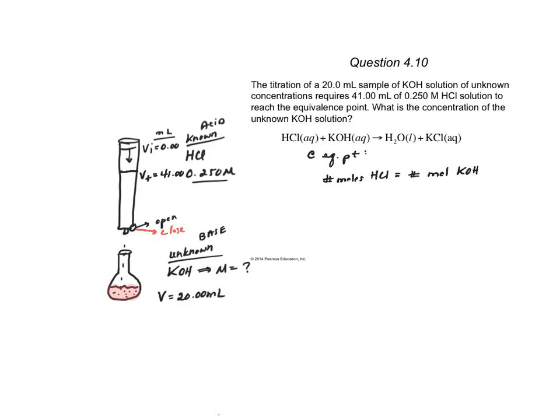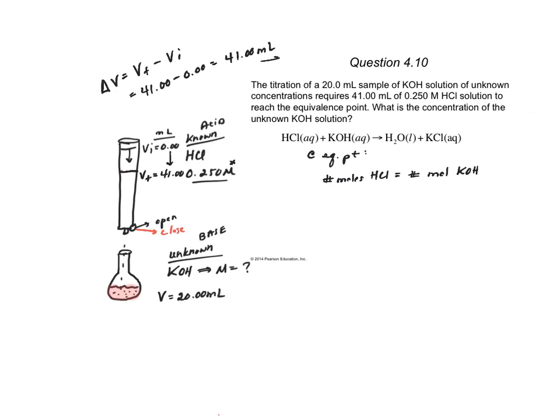So we know the concentration, the molarity of the HCl. We also know the volume that we were required to use of it to get us to this equivalence point, right? So this change in volume is final volume minus initial volume. Change in volume is 41 minus 0, which is 41 milliliters, right?